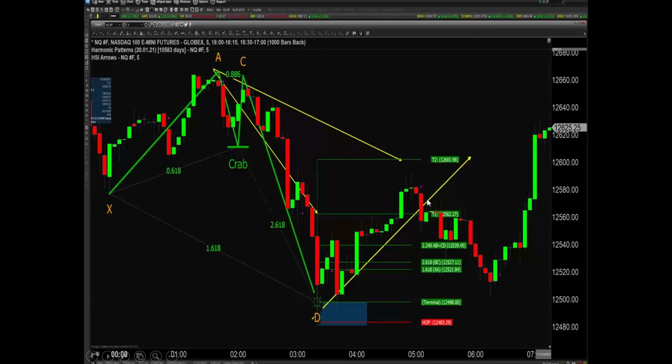Now here's the thing, if an HSI triggers us at that level, and we're automatically taking something at target 1, I don't think that's a bad strategy for new people. If you're new to harmonic patterns, I do recommend automatically putting in the target 1 level to take half your profit off and then manage the rest.